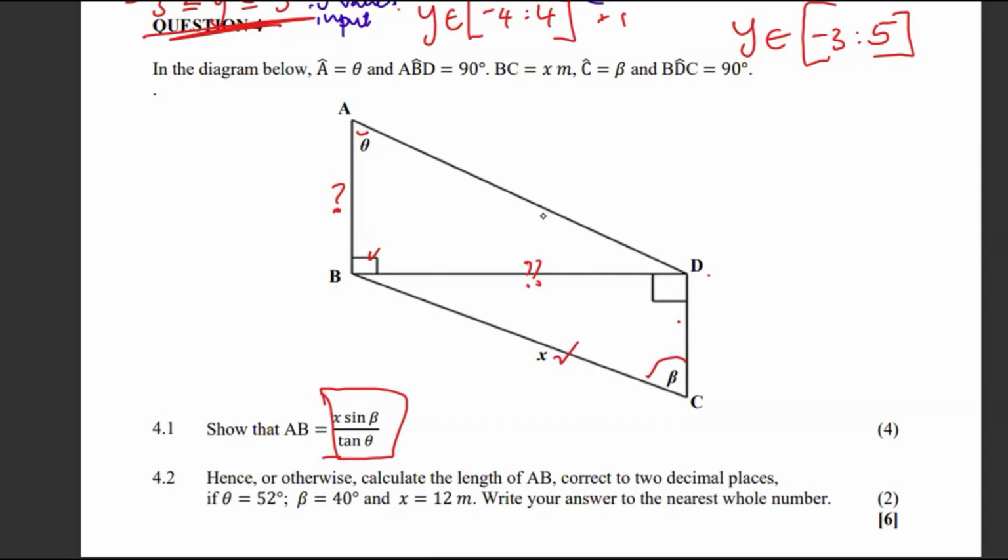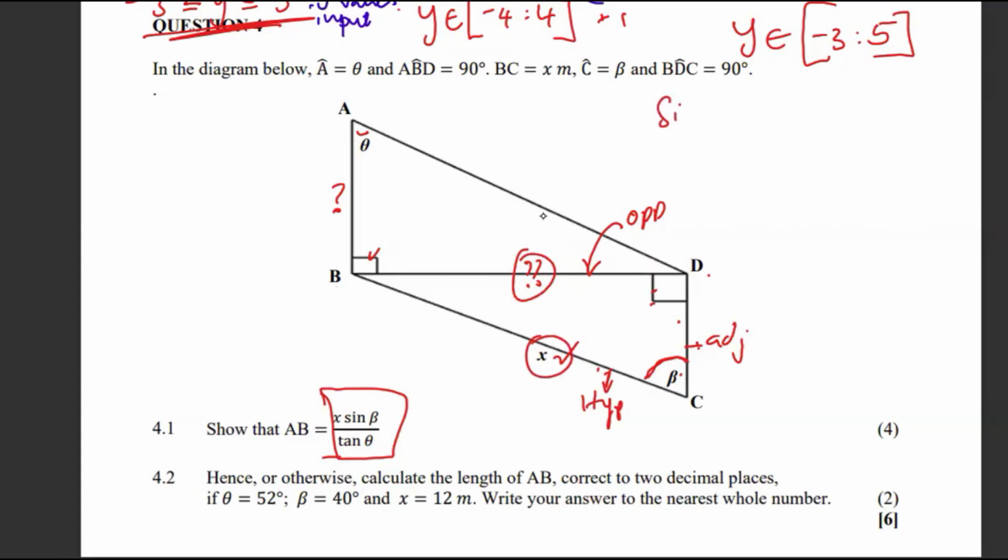So if I look at this beta, we know that this is our adjacent, this is our hypotenuse, this is our opposite. We're calling this the hypotenuse because it is opposite the 90 degree, adjacent because it's next to the angle. Okay, so the trig ratio that combines BD and the hypotenuse is the sine.